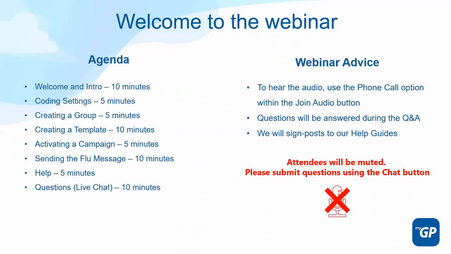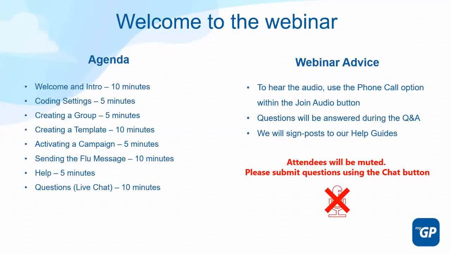And then we're going to put all of those pieces together and send out the flu message. So I'll show you how to put that together in your Connect system. We'll then look at the help page. Now we have a fabulous help page for sending out seasonal flu invites. We will take you to that page at the end of the session. You'll be able to find this via your Connect system, and I'll show you everything that's in there.